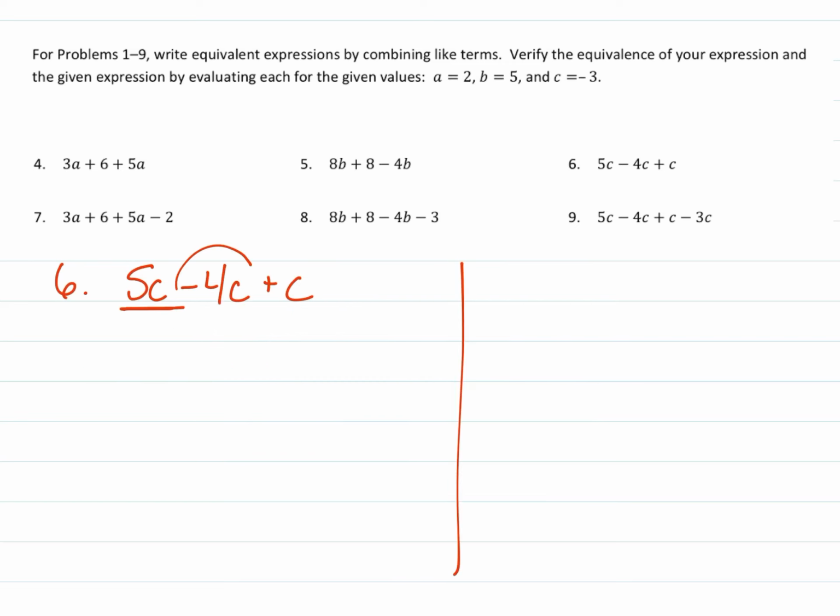If I have 5 C's, I take 4 of them away. That would leave me with 1 C, and then I add another C, gives me 2C. 5 minus 4 is 1. 1 plus 1 is 2. C gets replaced with negative 3.